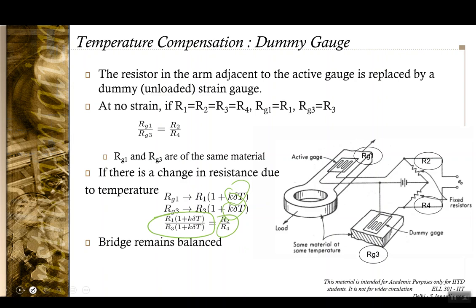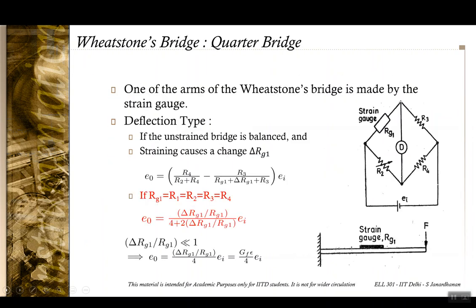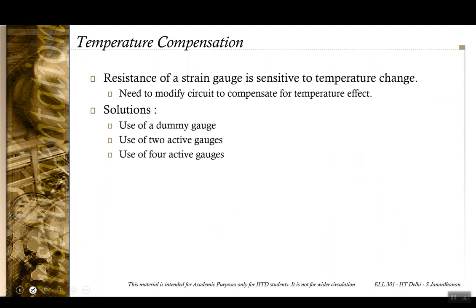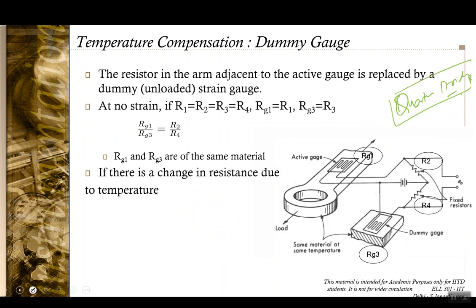However, what should be remembered in this scenario is that this bridge will again behave like the bridge circuit that we have seen earlier, the Wheatstone's bridge with the quarter bridge, where only one of the arms is a strain gauge. So the case where you have temperature compensation with only the dummy gauge will also behave like a quarter bridge.